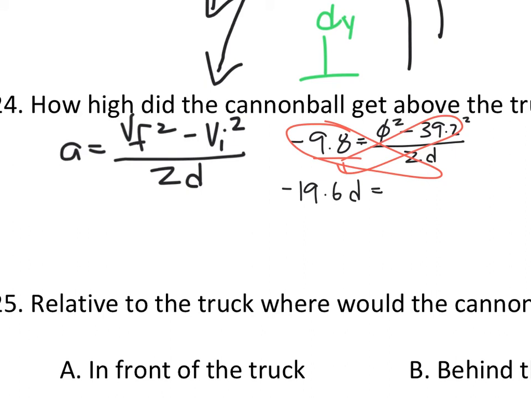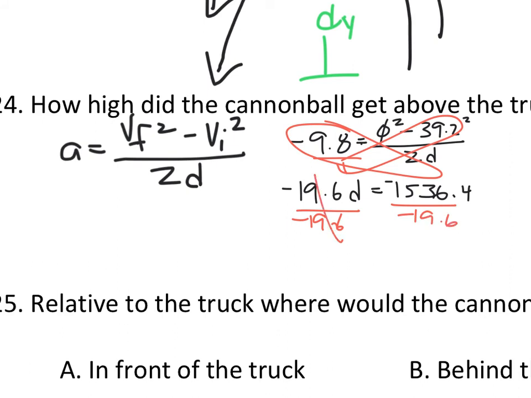So 39.2 squared gives me 1,536.4, and this would be a negative. So my next step is to get d all by itself. Well, if d is being multiplied by negative 19.6, I need to do the opposite, and that is to divide by negative 19.6.